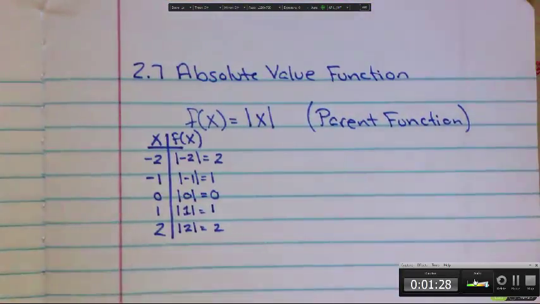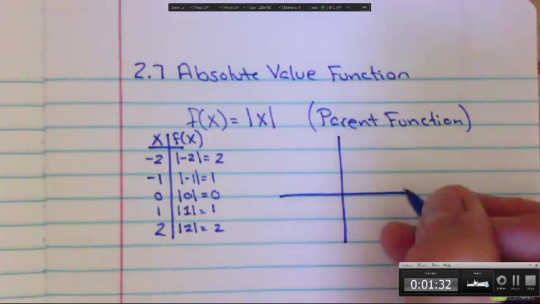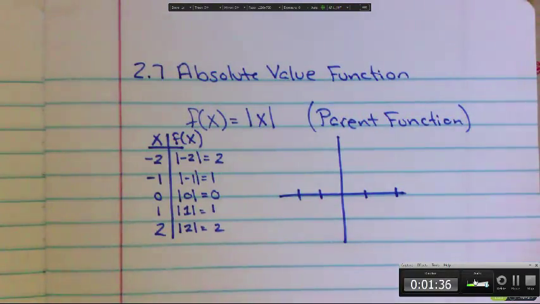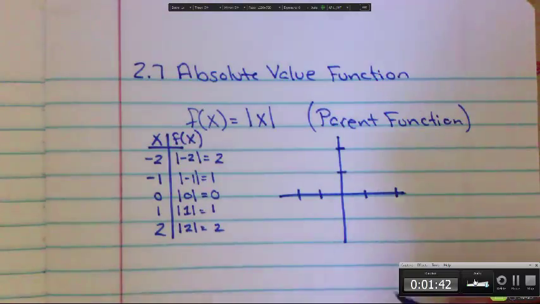So now that we have 5 distinct points on this graph, we can come over here and sketch it. We're going from -2 to 2 on the x-axis, and you look at the y values. The largest y value is +2, the smallest is 0. And we're going to plot this as a series of ordered pairs.